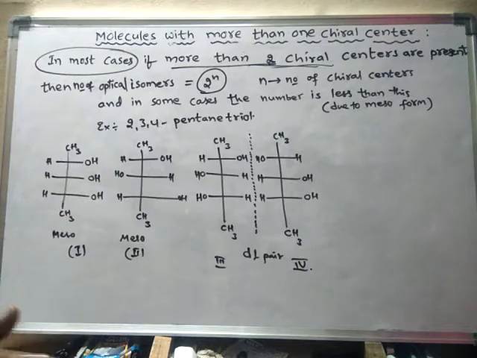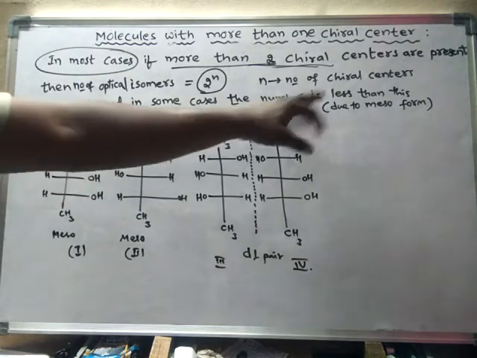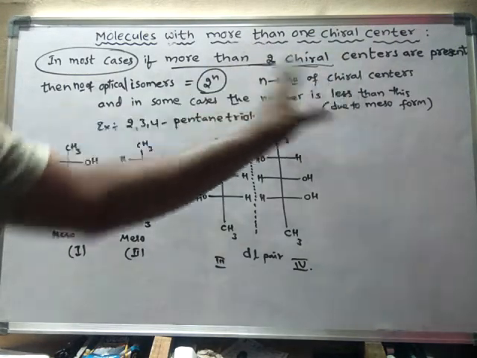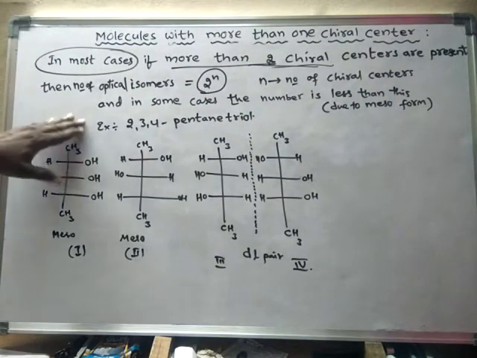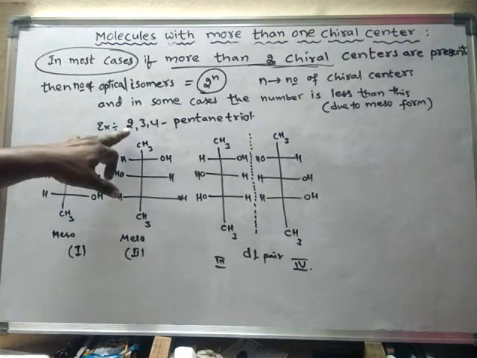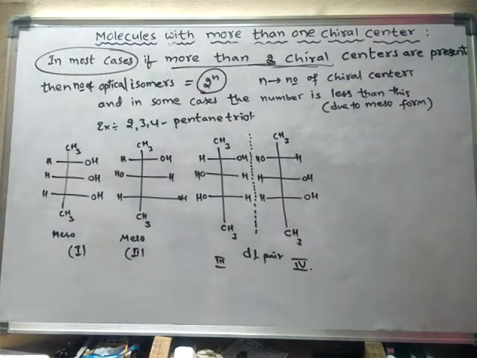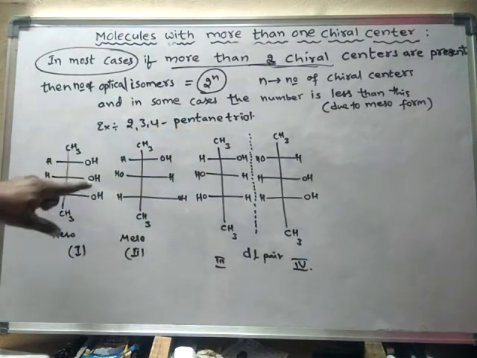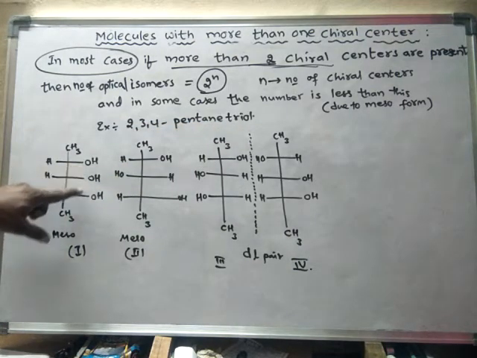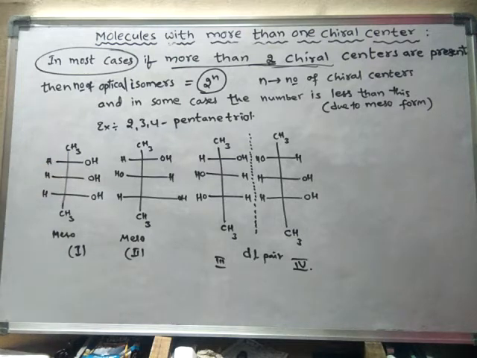In certain cases the number is less than 2 to the power of n, due to the presence of meso forms. For example, take the compound 2,3,4-pentanetriol. Pentanetriol means 3 alcohol groups, which are present on the second, third and fourth carbons.